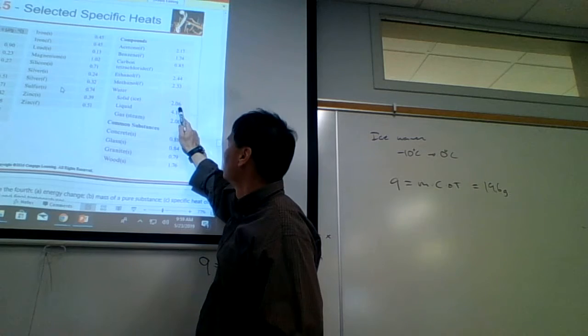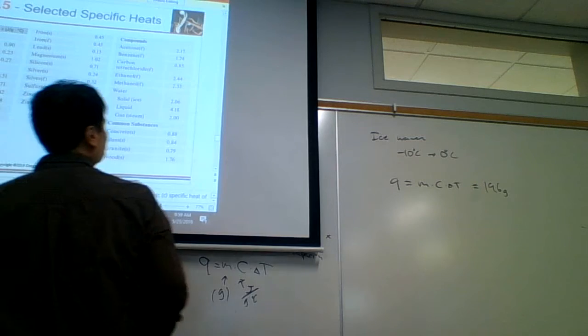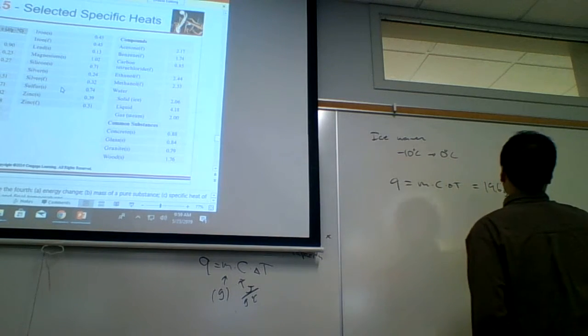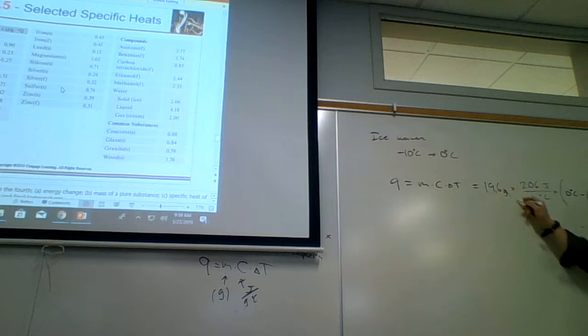What are the units here? The units are joules per gram degree C. So this is going to be times 2.06 joules per gram degree C. Then times delta T. Delta T is T final, which is 0 degrees C, minus T initial, which is minus 10 degrees C, which is going to be plus 10 degrees C. So the grams cancel, the degree C cancels, and that leaves us with joules.